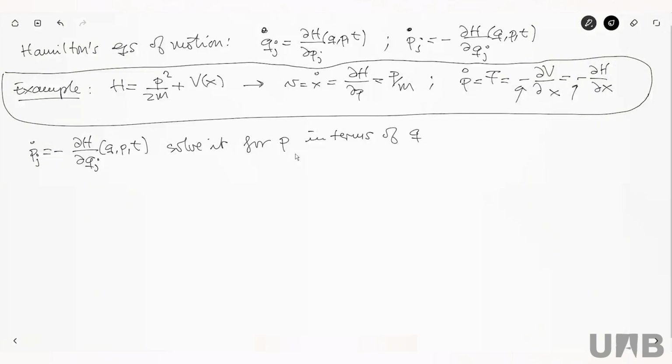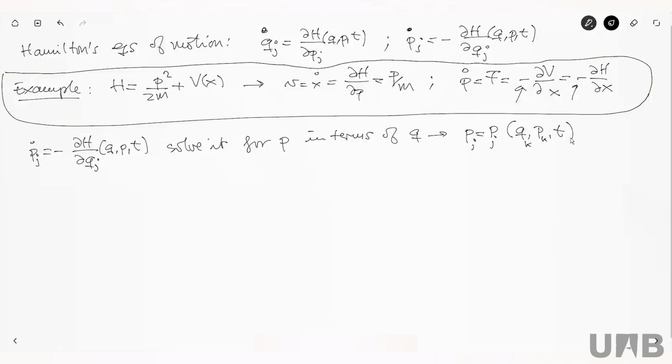It is a first order differential equation for p, so you solve it given q, and that will give you pj as a function of q and the other piece if necessary.